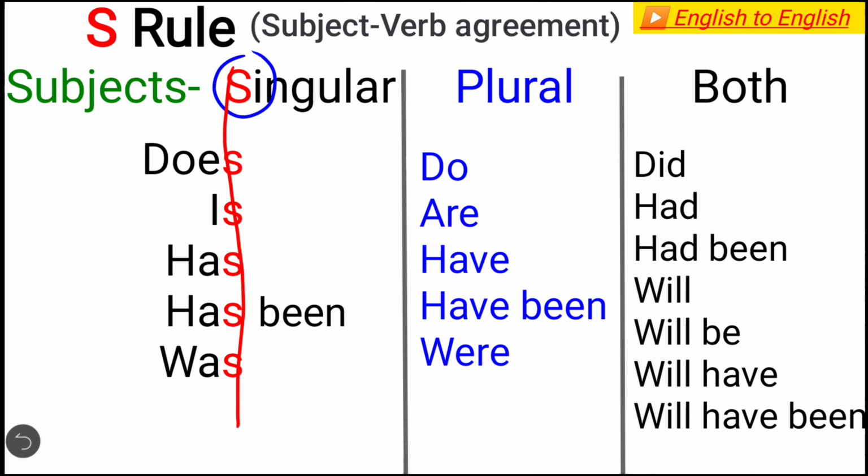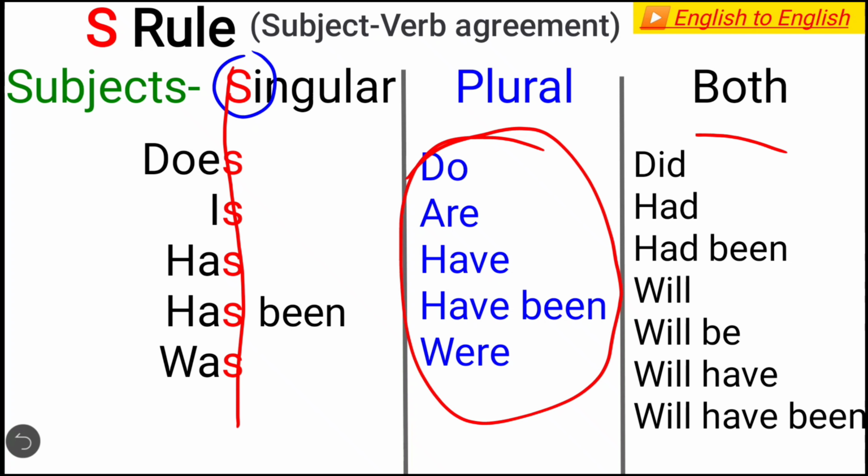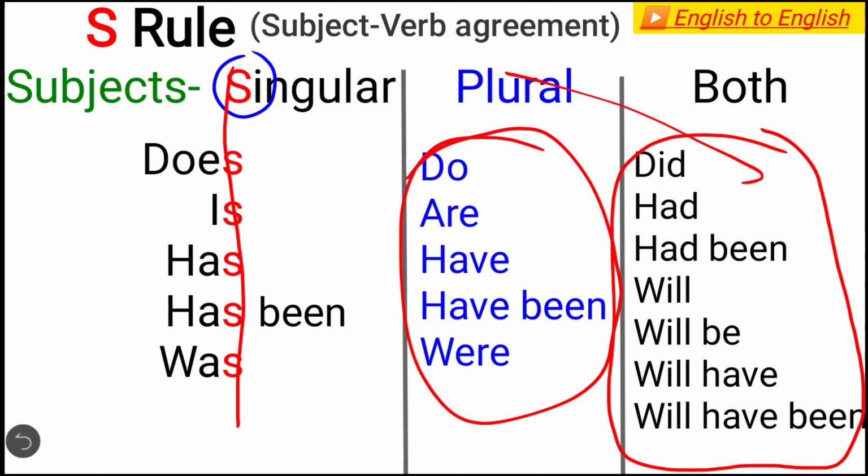Apart from this, we can see the plural subjects and plural verbs. These helping verbs will be used with plural subjects only. And these helping verbs like did, had been, will be, will have and will have been can be used with any kind of subjects, with plural or with singular.